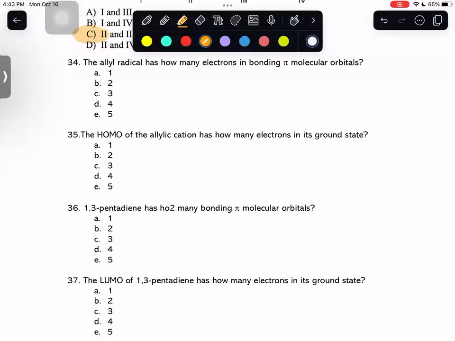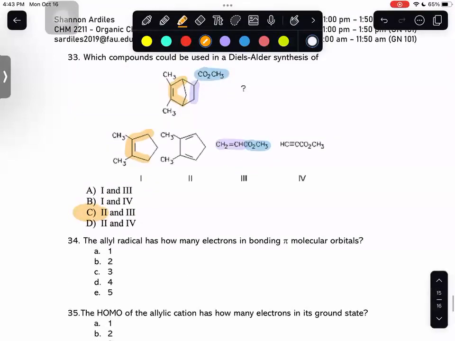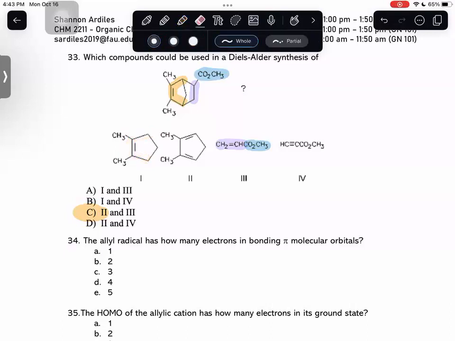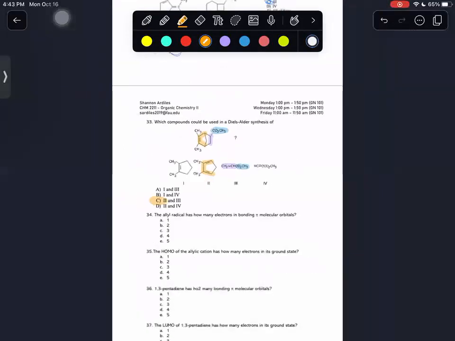I want the answer, and then I want volunteers to show me both the ground and excited state for each of the molecules. Two and three. Whoa. Thank you. Okay, there you go. Thank you for noticing that.